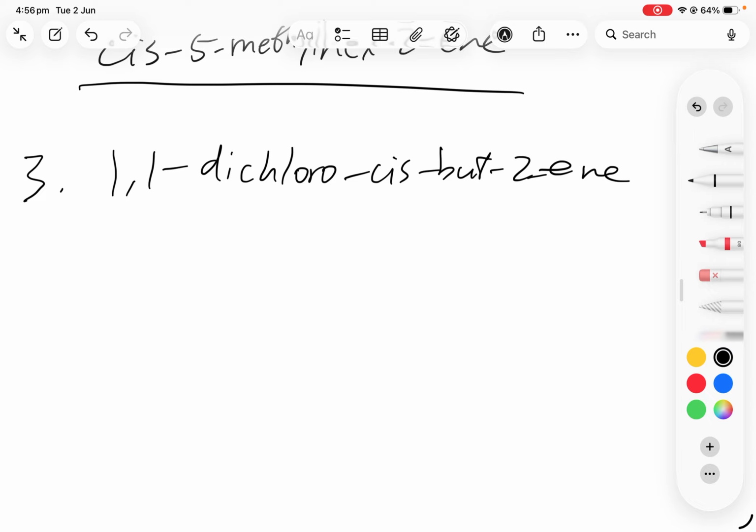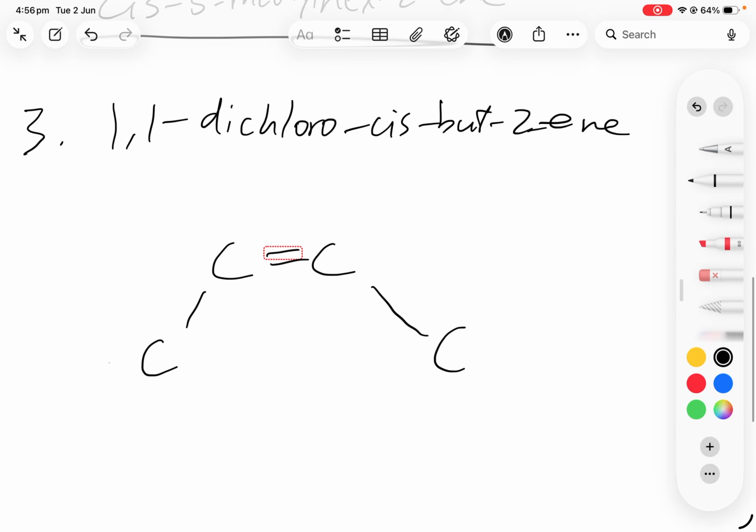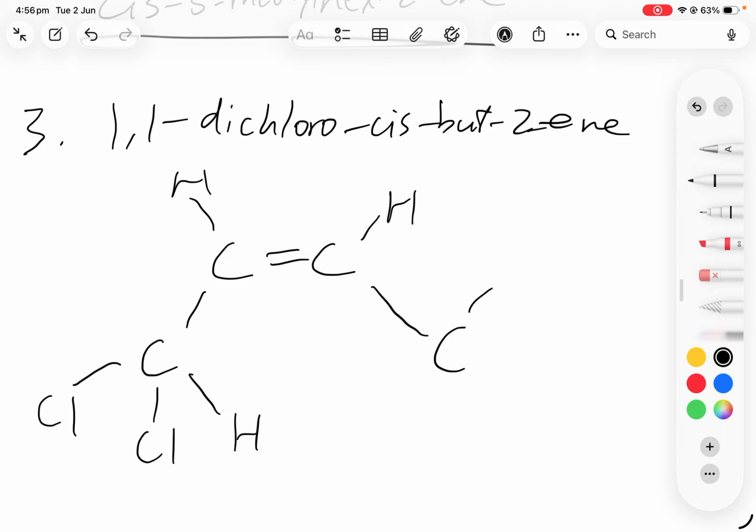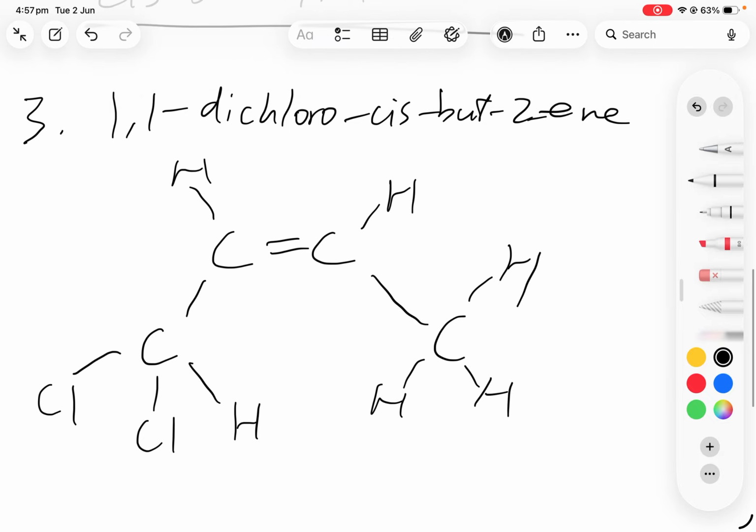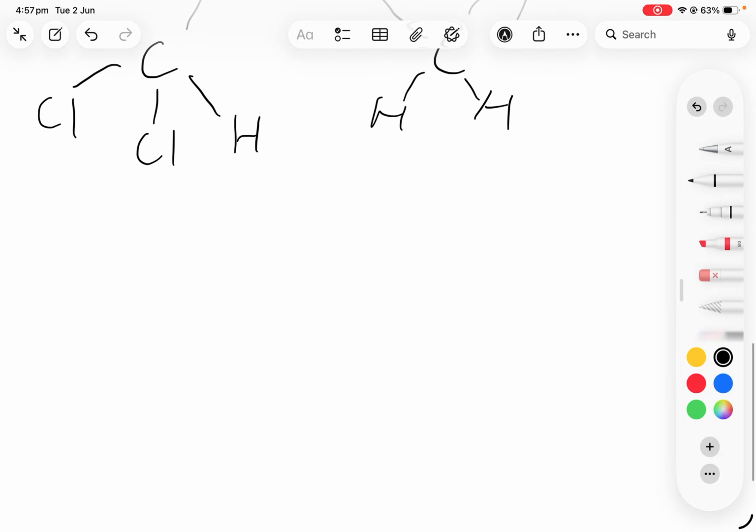So 1 2 3 4, cis. So we're gonna put these down here, and it's dichloro, right? So we can put the chlorines here, and we can have another hydrogen. So there's 4, and then that's a hydrogen, that's a hydrogen, hydrogen. Yep, that's it for this one.